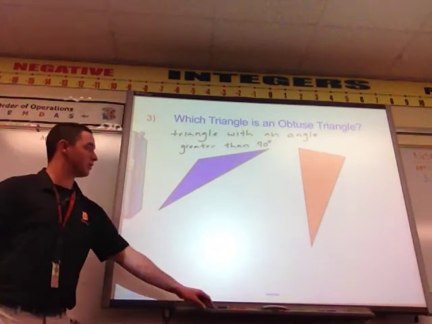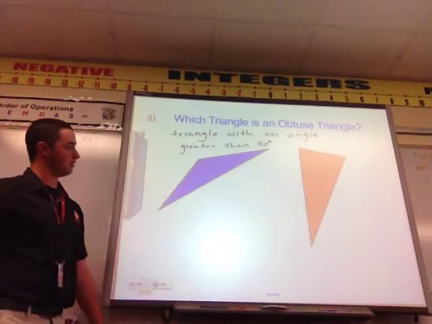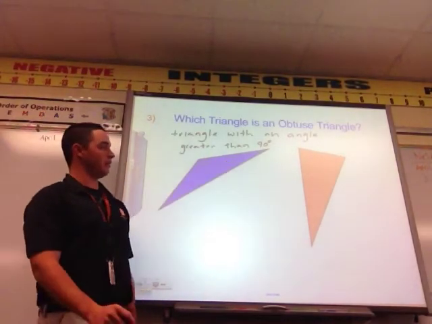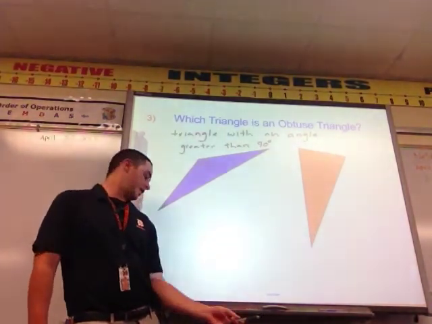So this angle right here is bigger than a right angle, and both these other angles are acute angles. And what triangle is this again? Acute. Yep.